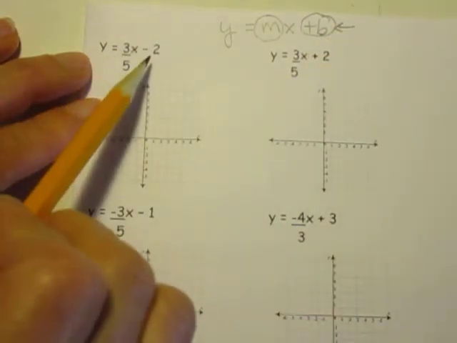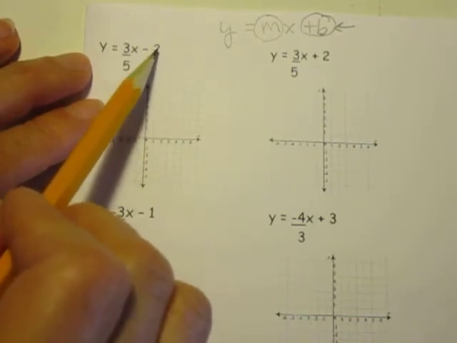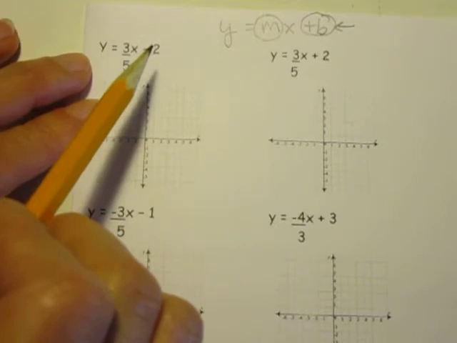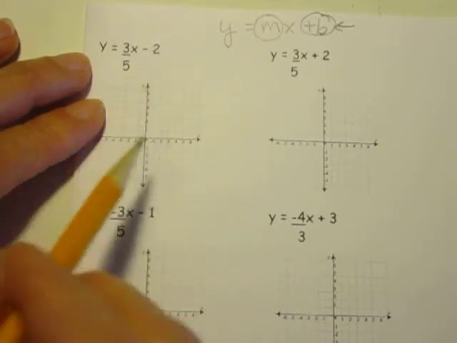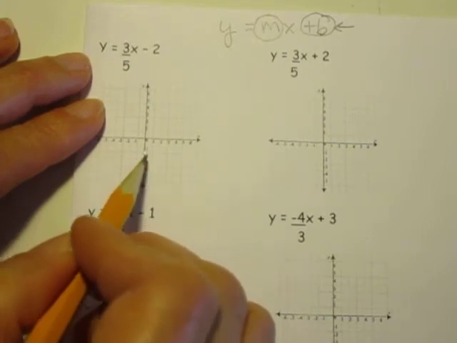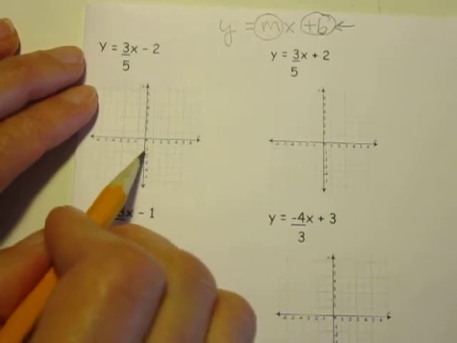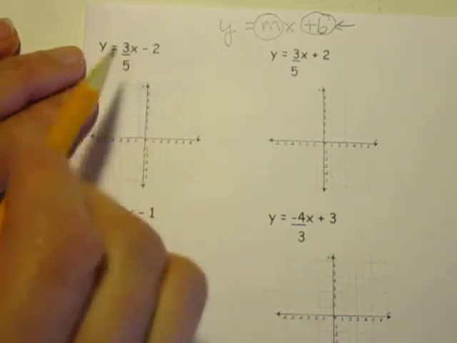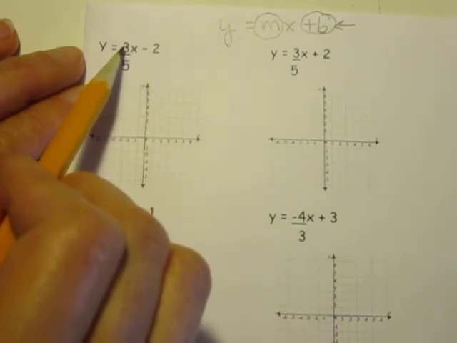In this case, I have a y-intercept of -2. That anchors this equation down to the y-axis. That's where it crosses the y-axis, at -2. So I'm going to go to that point on my graph, and I'm plotting -2 here on the y-axis. From that point, I'm going to count the slope. My numerator in slope is 3, and that numerator is the change in y.